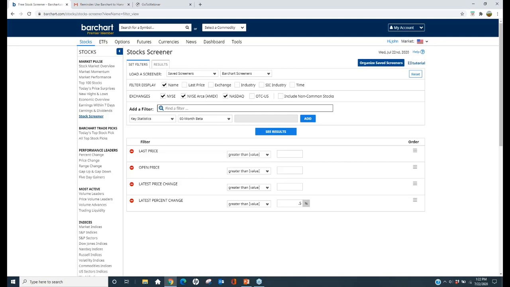A stock that has a greater price movement compared to the overall broad market is going to have a beta higher than 1. A stock that does not move very volatilely with the S&P will have a beta that is less than 1. So we're going to look at markets that have greater betas, and the reason why is we want to get a lot more price action when the broader market moves.